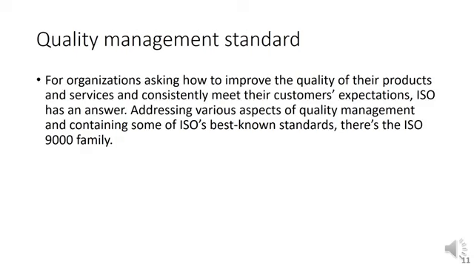We have 9000, ISO 9001, etc. These all are connected and concerned with quality management in organizations, maybe at a bigger level or small level. But if the organization is following these standards, they are hopefully meeting the customers' requirements and expectations and fulfilling the quality.